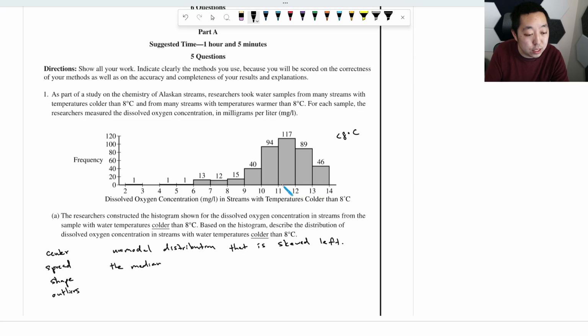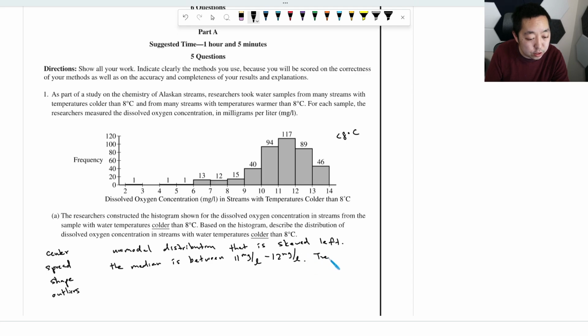But I would say the median is between, what is the unit of this? 11 milligrams per liter. 11 to 12 milligrams per liter. Okay. So that takes care of the center.